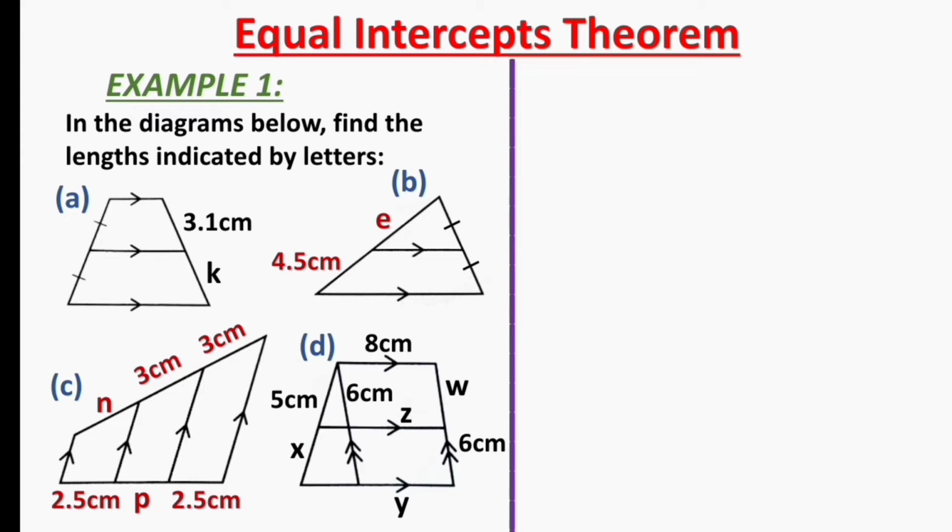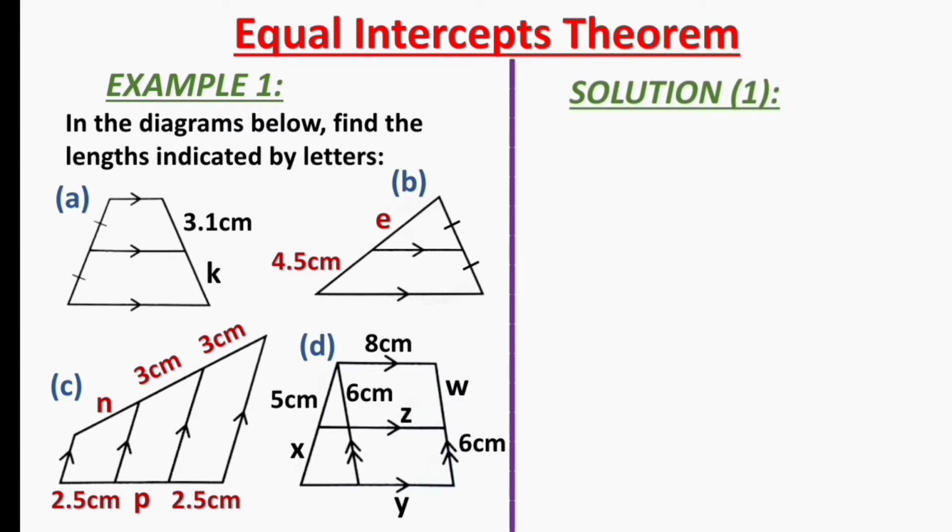We have four diagrams here: diagram A, diagram B, diagram C, and diagram D. In diagram A, we are looking for the length of K. In diagram B, we are looking for the length of E. In diagram C, we are looking for the length of N and P. While in diagram D, we are looking for the length of W, X, Y, and Z. From the formulas associated with the equal intercepts theorem, can you tell the lengths indicated by letters here? Let's see if you can.